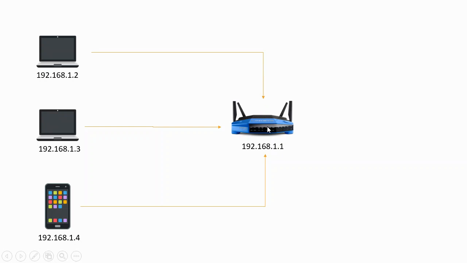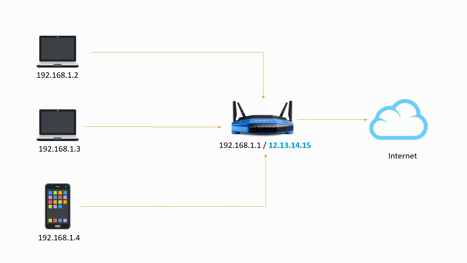The router, in turn, connects to the Internet. When the router connects to the Internet, it gets a unique public IP address. This is what is visible to the outside network. The one on our left is the local area network, and the one on our right is the wide area network.